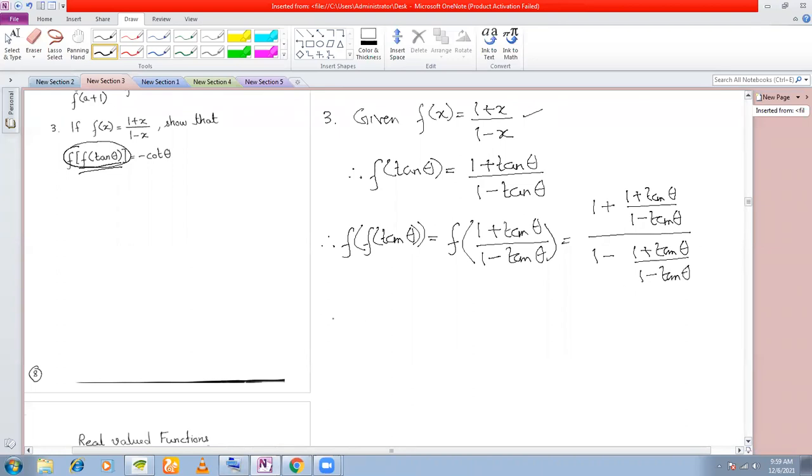Now you take the LCM in the numerator and denominator. In the numerator, you are going to get 1 minus tan theta plus 1 plus tan theta, we use brackets here, divided by, and in the denominator the LCM is 1 minus tan theta. So you are going to get 1 minus tan theta minus 1 plus tan theta.